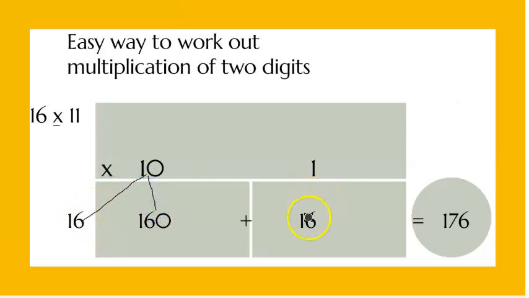Now to get this answer here, I will say 16 times 1. Then I'll get this. So 16 times 1 is 16. Any number multiplied by 1 is that number. So I have 160 and 16. So the next thing I'll do is say 160 plus 16.